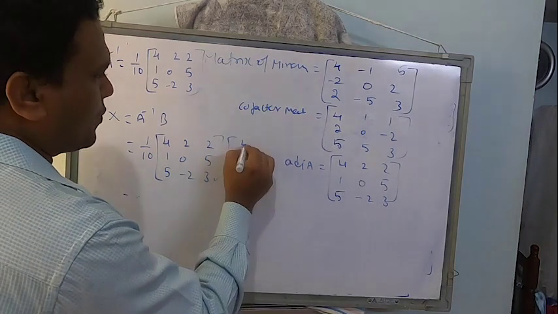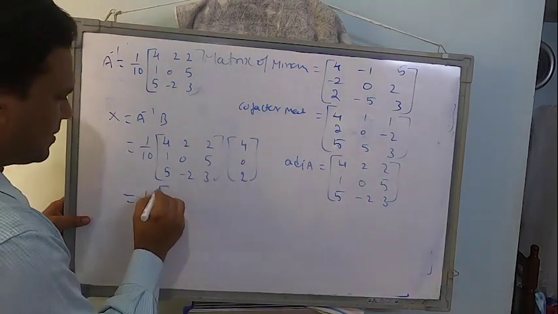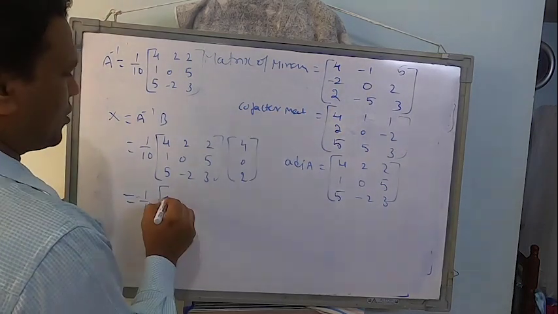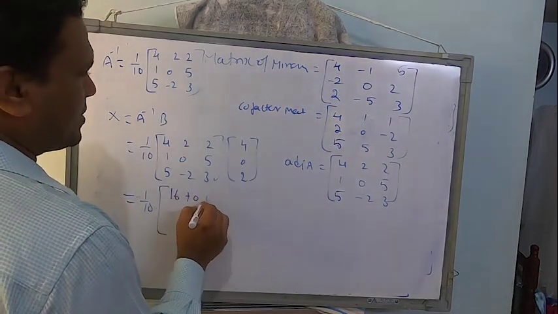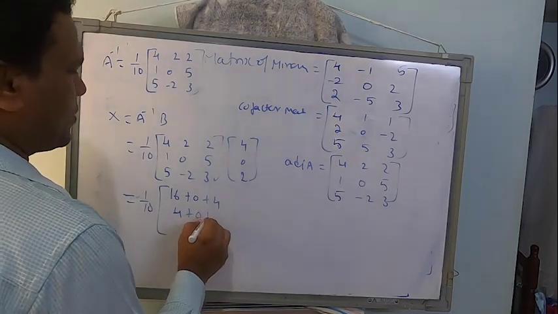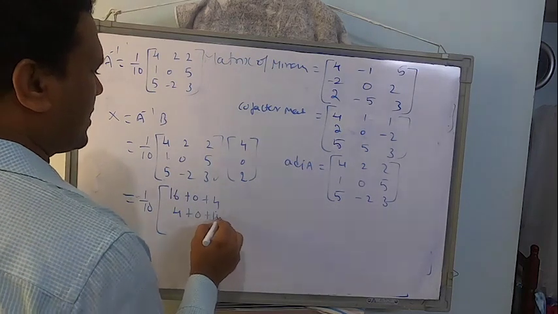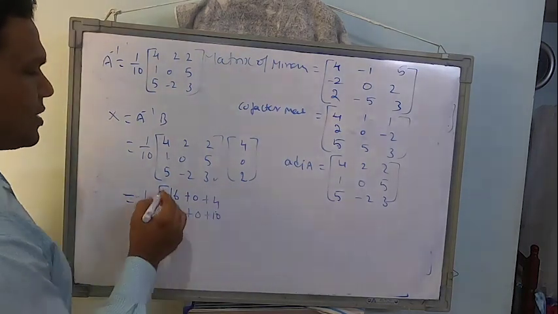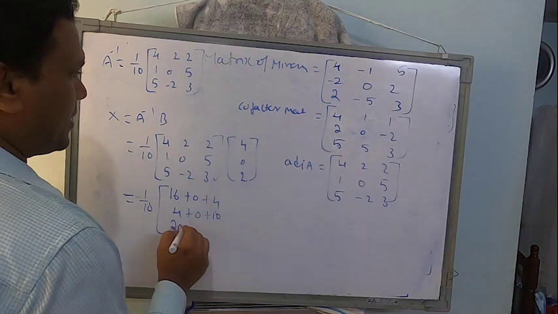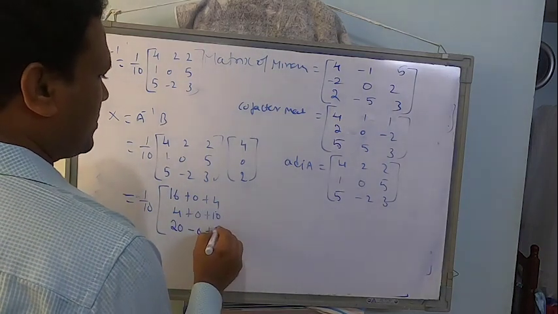It is 4 0 2. So let's retain 1 by 10, and multiply the first row, first column, so it's going to be 16 plus 0 plus 4. The second row: 4 plus 0 plus 10. That's fine. Okay. Now the next one, it's going to be 20 minus 0 plus 6.